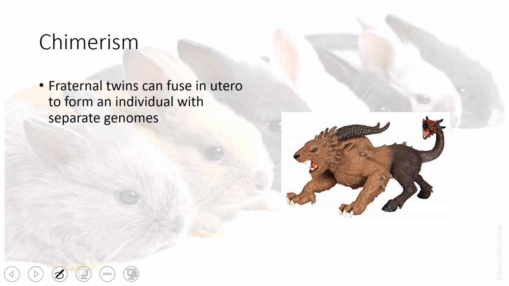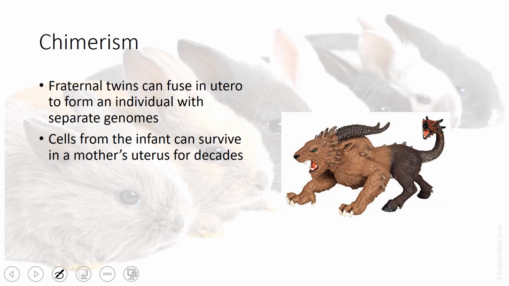But some cells from their fraternal twin that fused with them in utero persist and become part of that organism and part of that individual, and so you get two genetically distinct cell lines present in that individual, but they came from completely separate people.